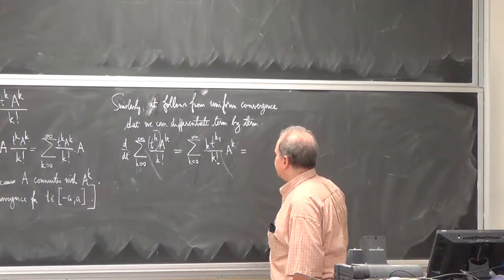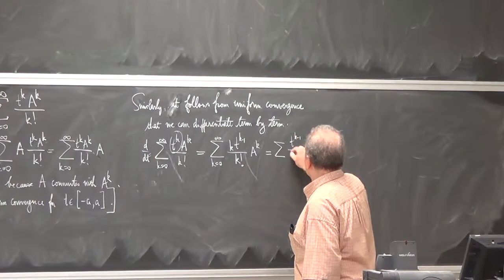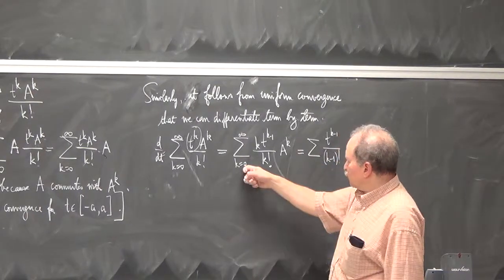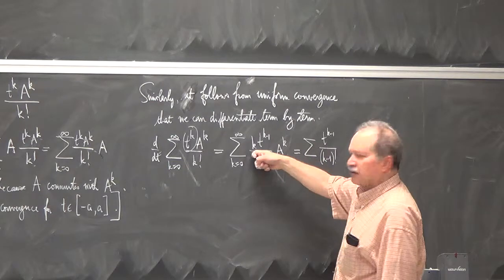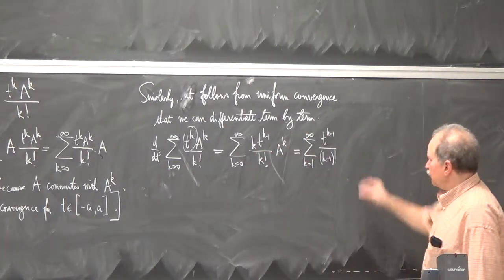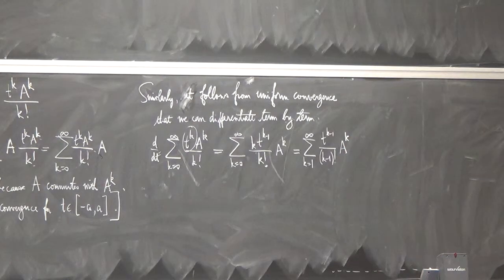You get t to the k minus 1 over k minus 1 factorial. Now I'm not going to put k equals 0 anymore, because for k equals 0 this term is gone. So I'm going to start with k equal 1, and A to the k. Ugh, I don't like that.